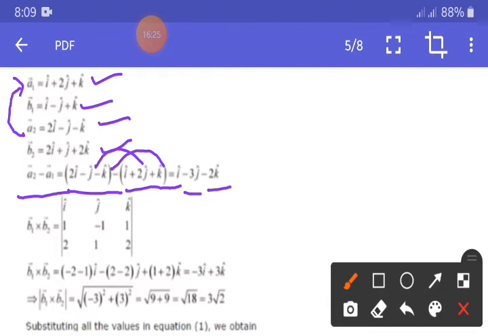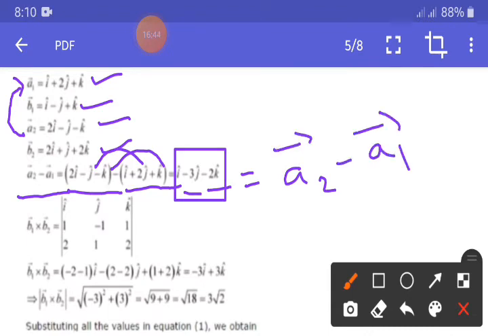So A2 vector minus A1 vector is i cap minus 3j cap minus 2k cap.